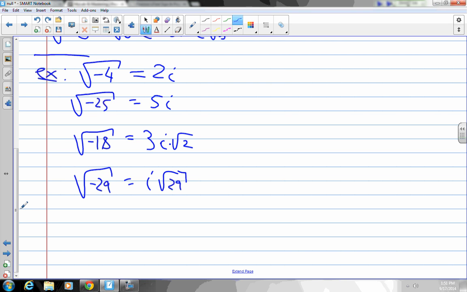So that's about it. Well, 29 has to still be under the square root because we haven't done that operation. We took the square root of negative 1, that gave us the i, and we still have to take the square root of 29. Not much we can do with that.